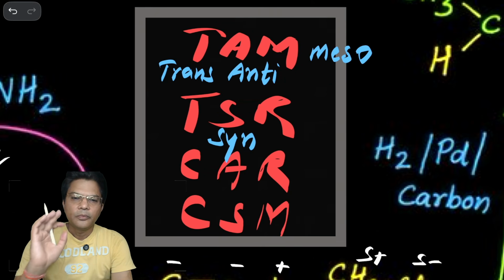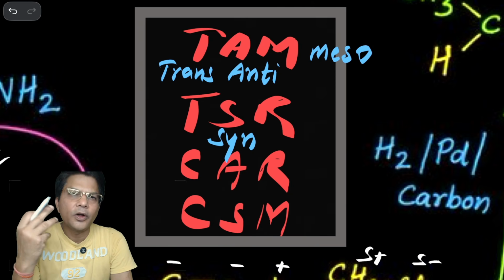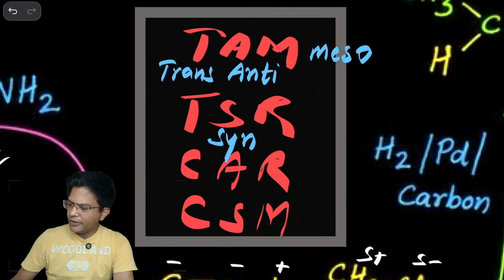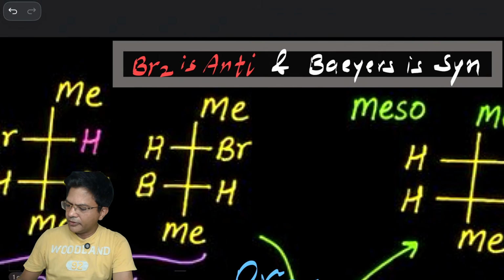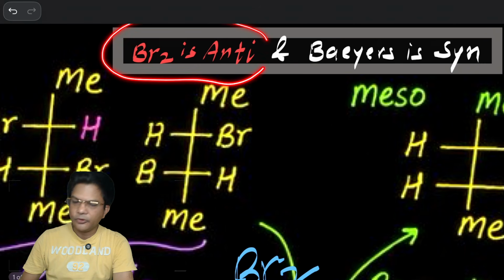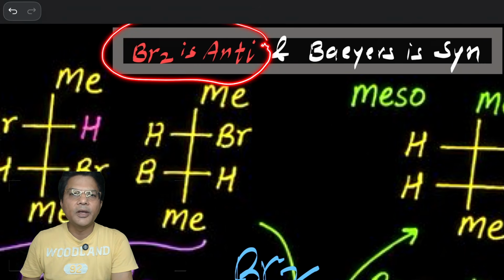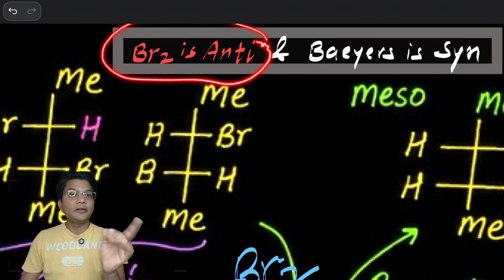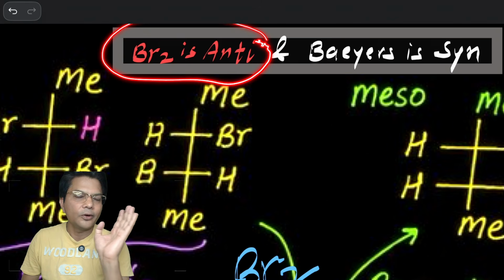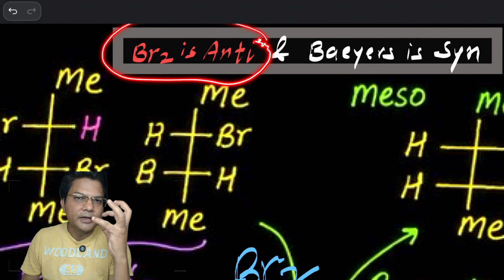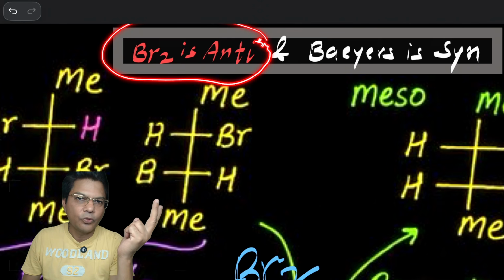Now, you have kept it in your brain. What does it mean? Just see to it. The meaning of this is whenever you see Br2, whatever the Br2 is going to do, it will always do anti. Now, what is anti? Right now, do not apply brain. I made one video. If really you want to know the in depth of this, you can watch that video.